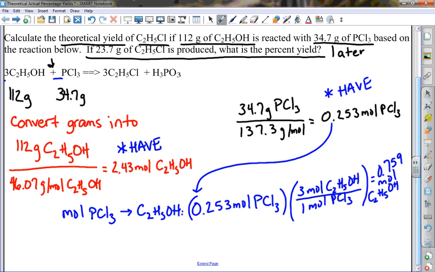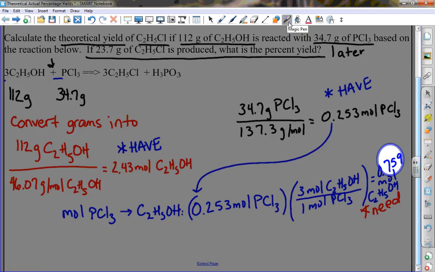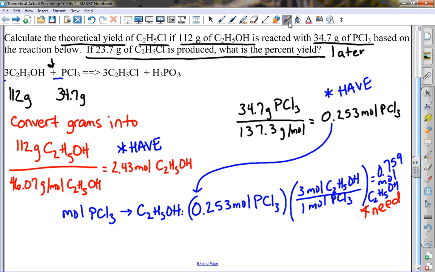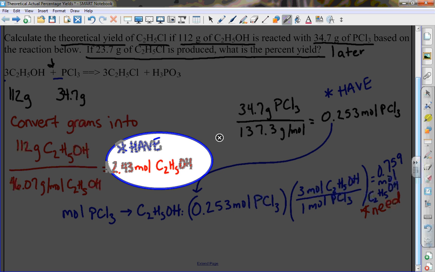Okay, so this is saying how much we would need of ethanol. Well, if we need 0.759 and we have 2.43, then we have way more than we need.